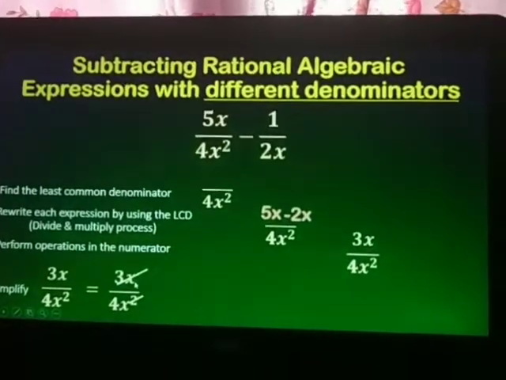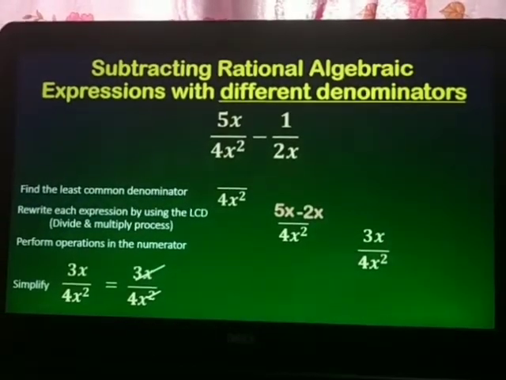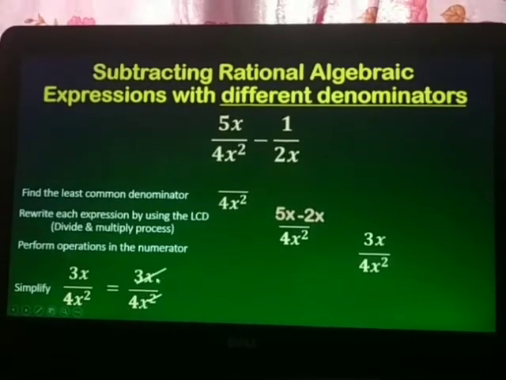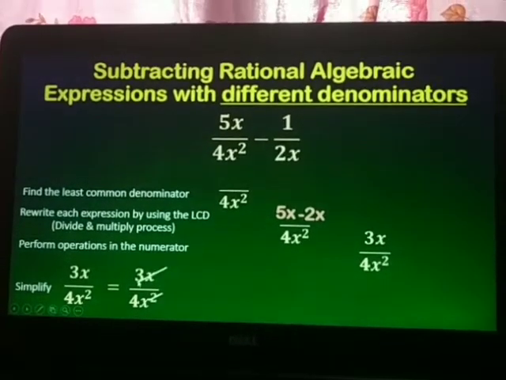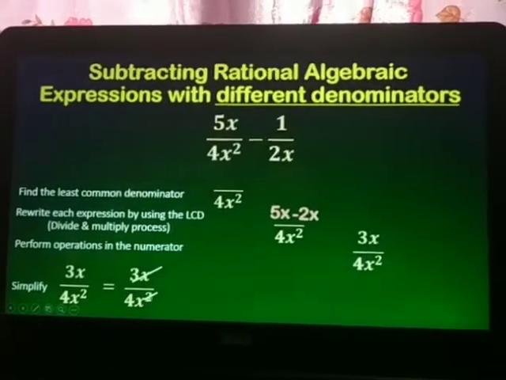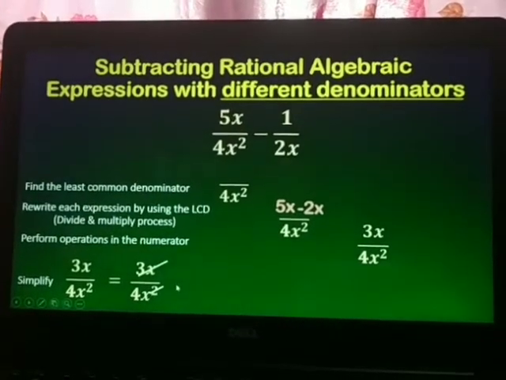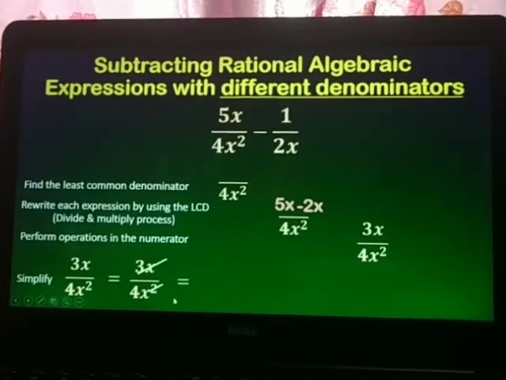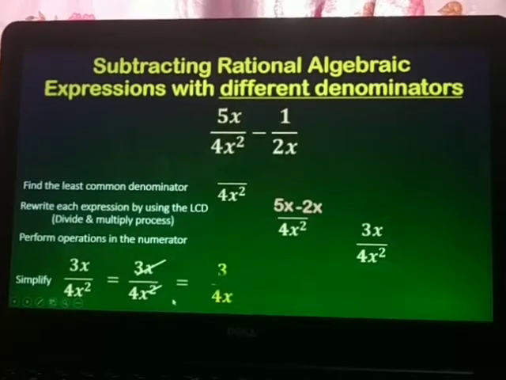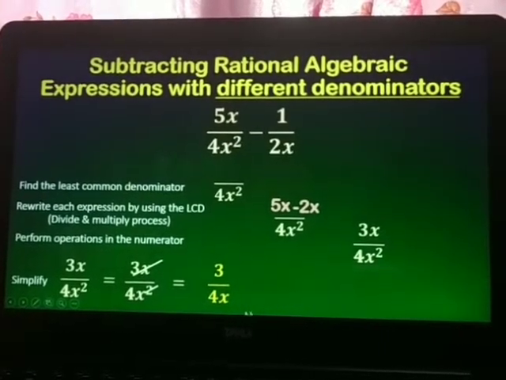Remember, when we divide variables, we just subtract the powers. We get one x on top, and one x at the bottom. And so the remaining will be the answer. The answer is 3 over 4x.